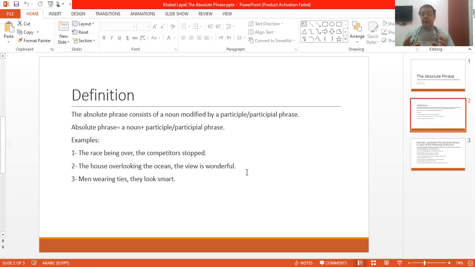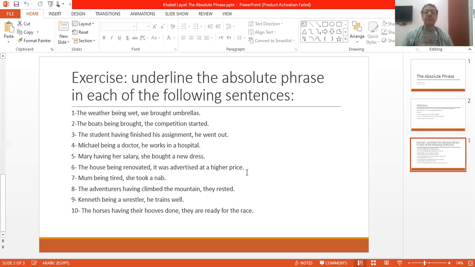So the absolute phrase is really easy. It consists of two elements, a noun, and then a participle or a participial phrase modifying that noun. Both the noun and the modifying participial phrase are called an absolute phrase. Now, let us have an exercise and let's do it together to make sure everybody understands what we are talking about. Okay?